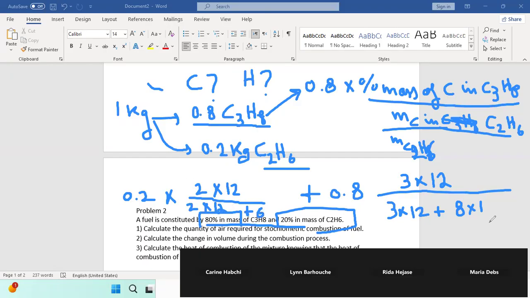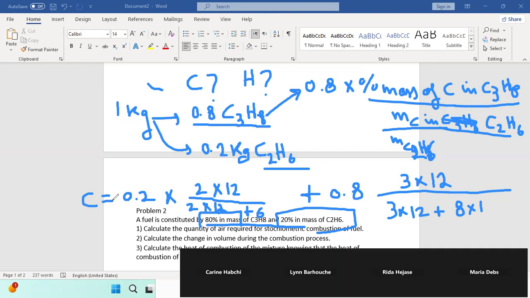When you do this calculation, you will obtain C, the percentage in mass of carbon that is present in 1 kilogram of fuel.